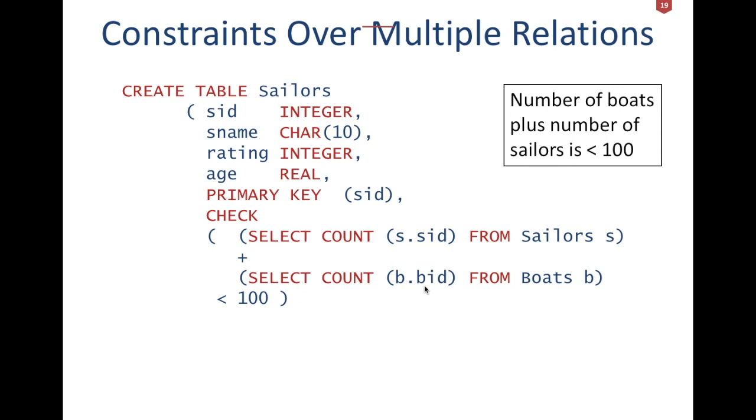Now, the problem with this constraint is that it's only checked when we add to or update, when we have an insert statement or update statement on sailors. So this is going to be checked on sailors. However, it should be checked on both sailors and boats.